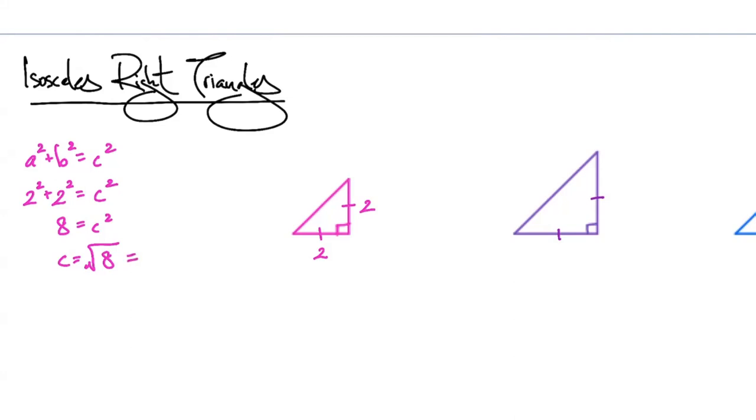Yeah, we could do 2 root 2. And just in case anybody's confused about how that happened, we could write 8 as 4 times 2. Then we take the square root of 4 and get 2 with the leftover square root of 2 inside. And so that means we could label this third side as 2 root 2.